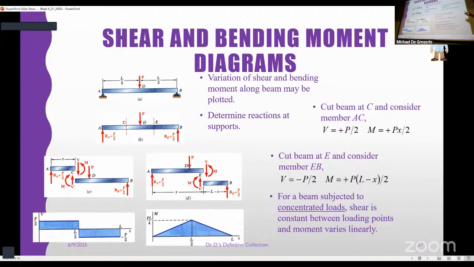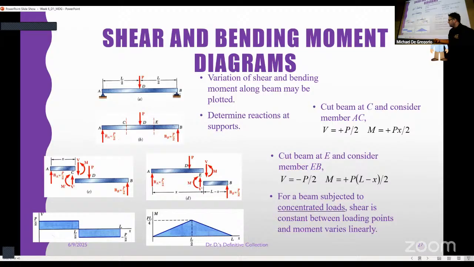In this case, it's the force times that distance, x. That looks like the equation of a line. Weird. Okay. What if I use this side, right, where I know the total length of the beam? So I keep moving along. Well, hey, in this case, I use this side. It's the same idea, right?